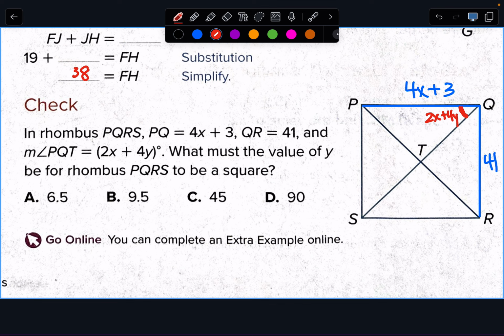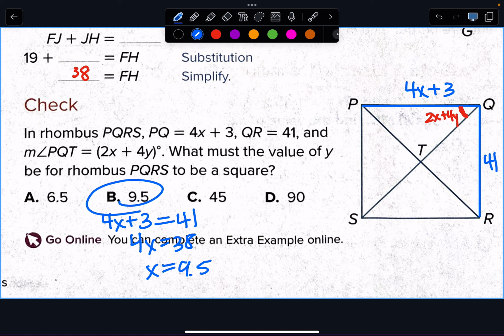What information do we have to use first? We have to get X first. And so in order to get X first, Augie, what do we set? Okay, so 4x equals 38, x equals 9.5. Ooh, that's my answer? No. Avery?